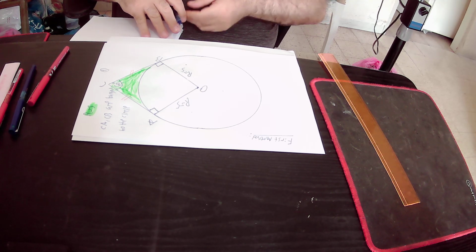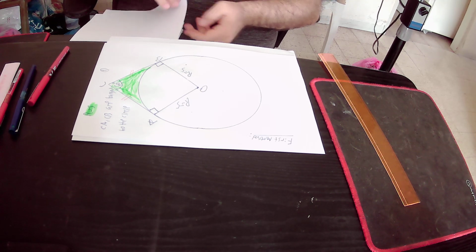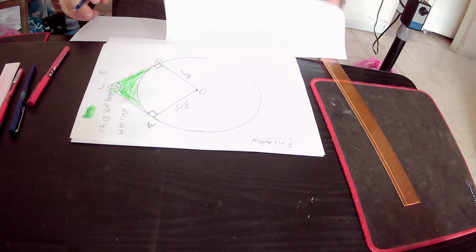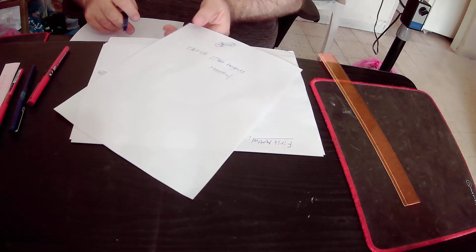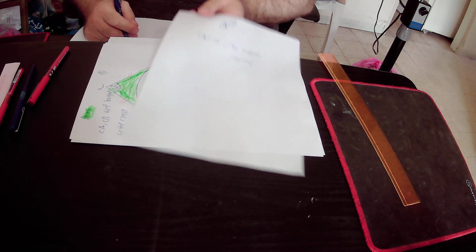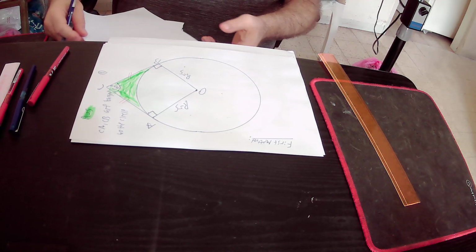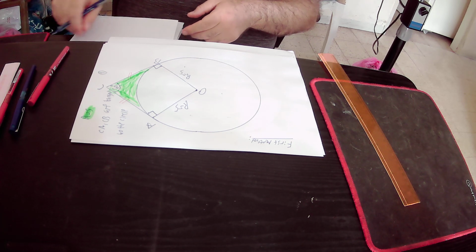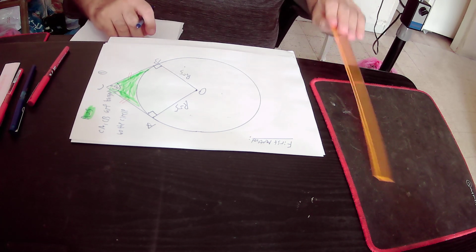Line segment CA equals CB according to the two tangents theorem. Okay, and in the next step we will join together points O and C by a straight line.